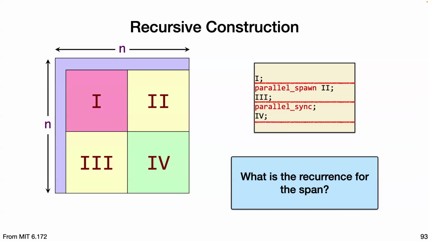Because T infinity of n is 2 times T infinity n over 2. Now, for a given node, you only get to do its 2 and 3 in parallel.